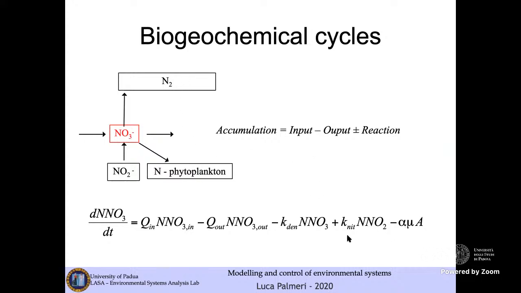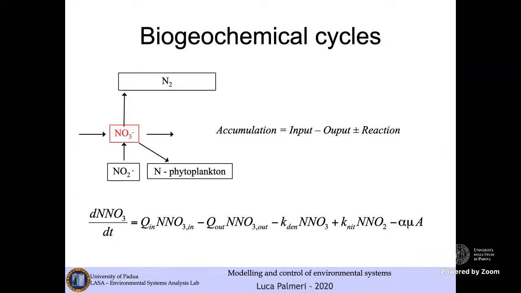Of course, this depends. It is a quota that takes away from the reaction terms nitrate and puts it into gaseous nitrogen, or plus nitrification, so oxidation, that is a way of including oxidative processes that transform nitrite into nitrate.